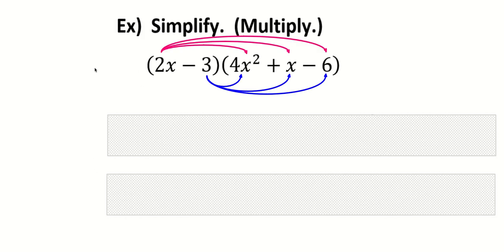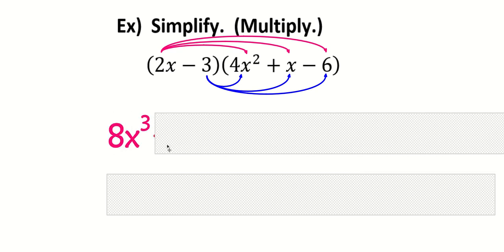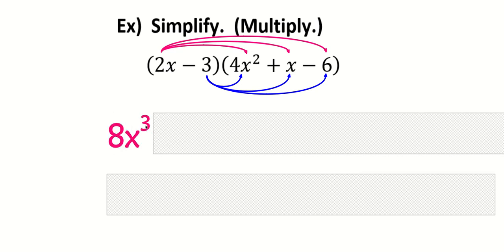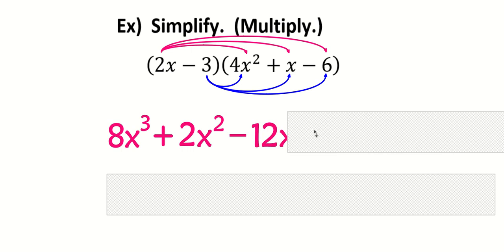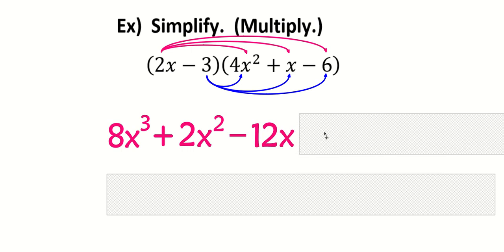Without any further ado, 2x times 4x squared. That's 8x to the 3rd power, because x times x squared is x to the 3rd. All right, now we got to do 2x times x. So that's plus 2x squared. Now we got to do 2x times -6. Again, multiplying. So that's -12x, correct?